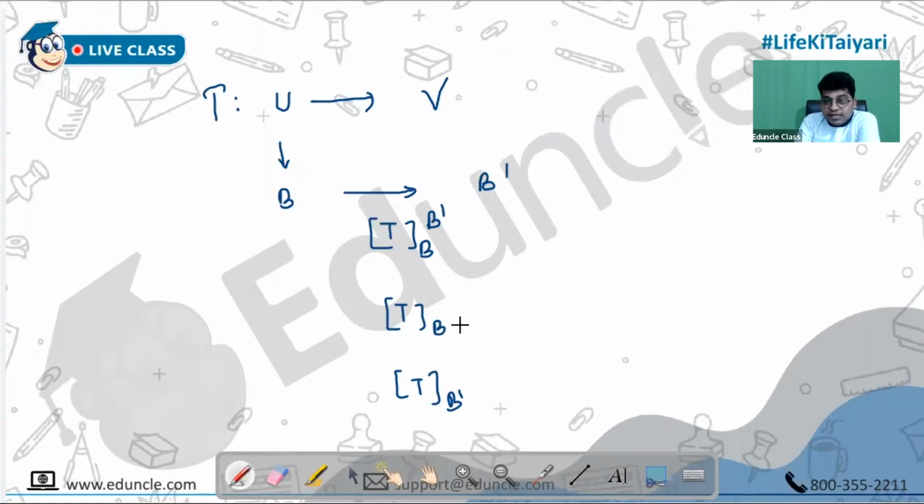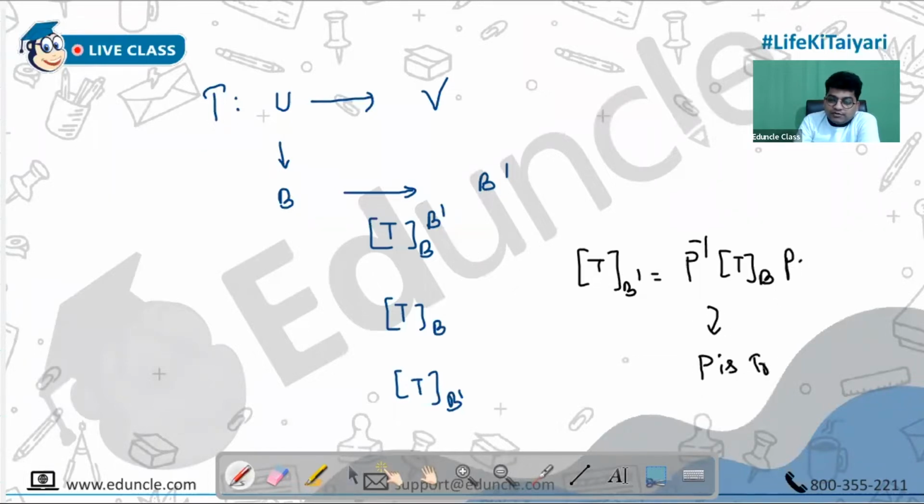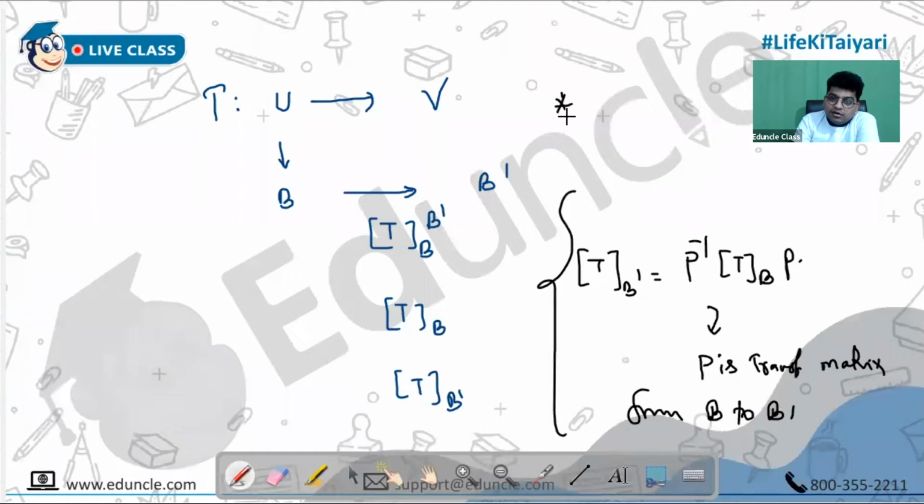So what is T_B dash? T with respect to B dash is equal to P inverse T_B P, where P is the transition matrix from B to B dash. Is it clear? I think you had a doubt in this problem.